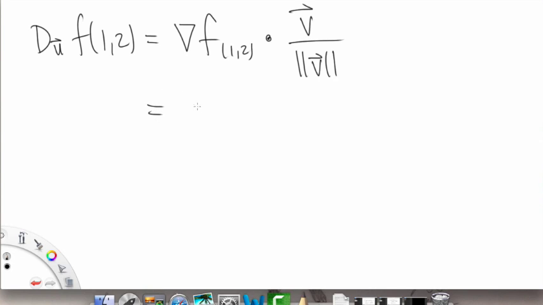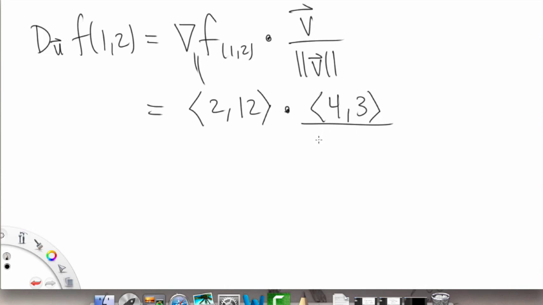So this is going to be equal to, what we obtained was 2, 12 for our gradient there, remember? Then we have that dotted with 4, 3, and this is all divided by a 5, that was the magnitude. I'm just going to move that 1 over 5 out in front. If we take the dot product, we do 2 times 4, plus 12 times 3.